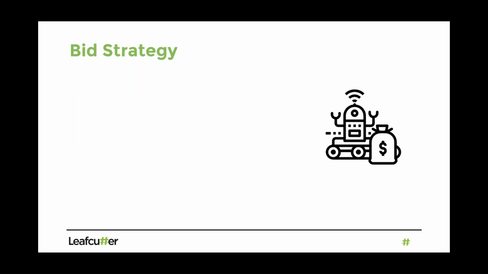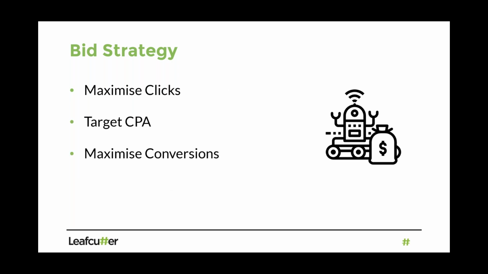With letting the robots decide, the main ones we would normally use are maximize clicks, target cost per acquisition, or cost per conversion, and maximize conversions. When we're choosing these automated strategies, there are about four or five others we can choose as well.